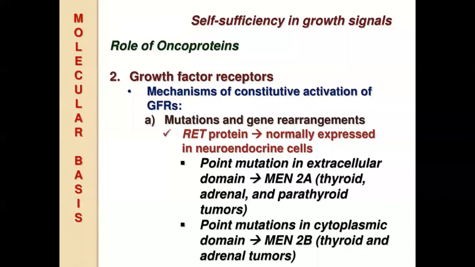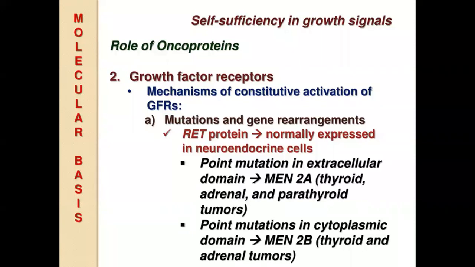First of all, there is a mutation and gene rearrangement, the RET protein. RET means rearranged during transfection. It is localized on chromosome 10. These proteins are normally expressed in neuroendocrine cells.